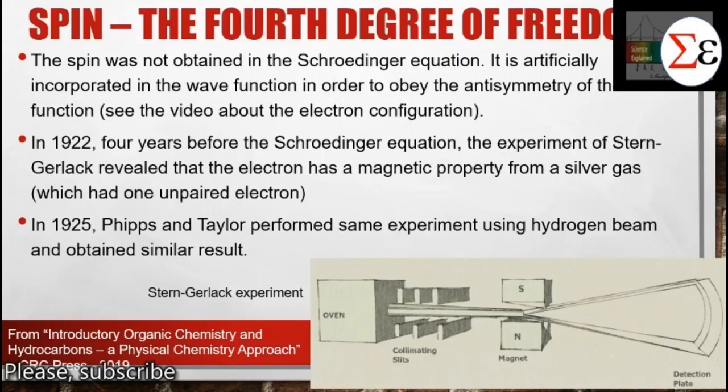anomalous Zeeman effect. In 1925, Phipps and Taylor performed the same experiment using a hydrogen beam, which also has 1 unpaired electron, and obtained a similar result.